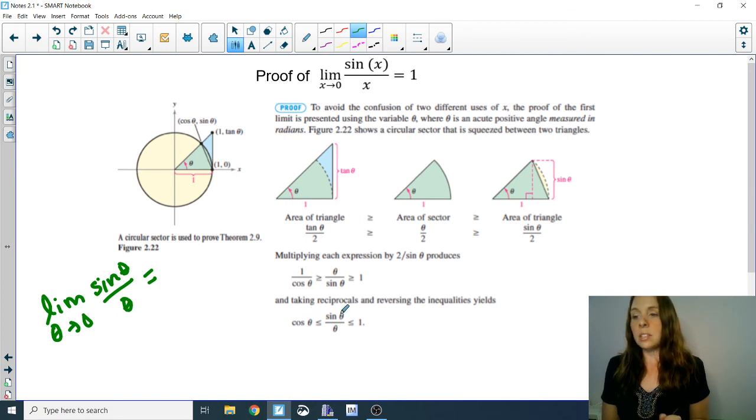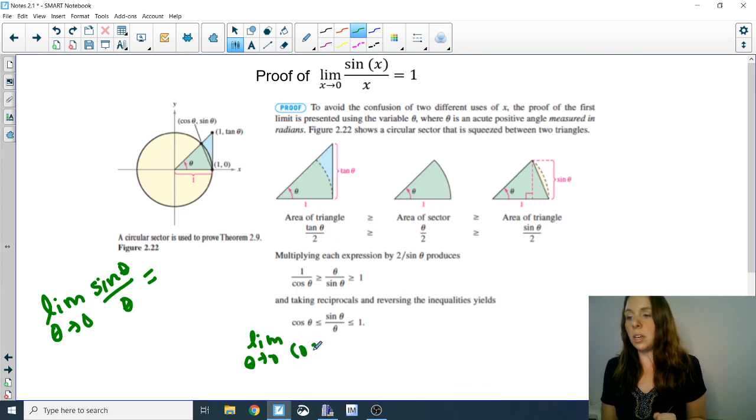If I know that sine theta over theta is in between cosine theta and 1, then I can take this limit as theta approaches 0 and apply it to those parts. So I'm going to write the limit as theta approaches 0 of cosine theta, and the limit as theta approaches 0 of 1.